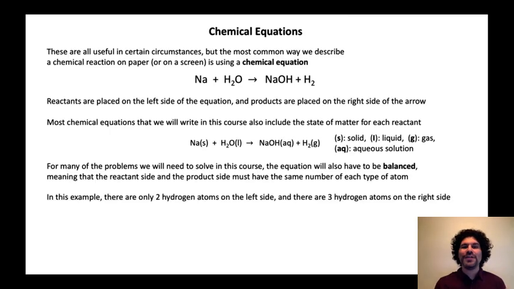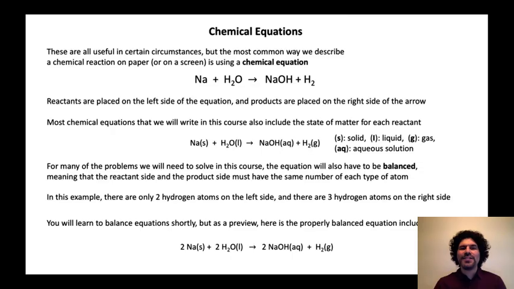The equation written here is not balanced because there are only 2 hydrogen atoms on the left side as part of that water molecule, but there are 3 hydrogen atoms on the right side, 2 of them in the hydrogen gas and 1 in the NaOH. You're going to learn to balance equations very shortly, but as a preview, here is the properly balanced equation, including the states: 2 sodiums plus 2 waters react to give 2 sodium hydroxides and 1 H2.